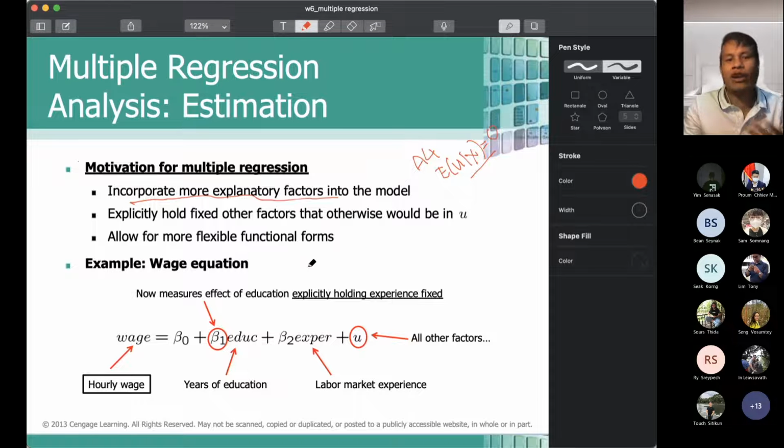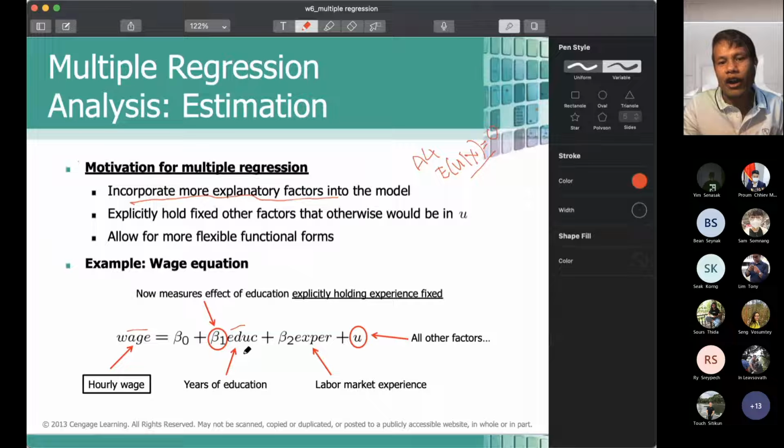All right. So let's have a look at this wage equation. Originally, we want to estimate the effect of education on wage, right? We want to make a causal interpretation between education and wage. But there are some variables that affect wage and are correlated with education that we do not include in simple linear regression. So with multiple regression, for instance, we can include another variable such as labor market experience, right?